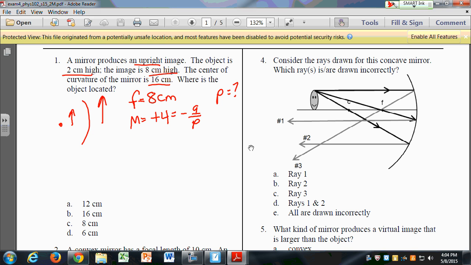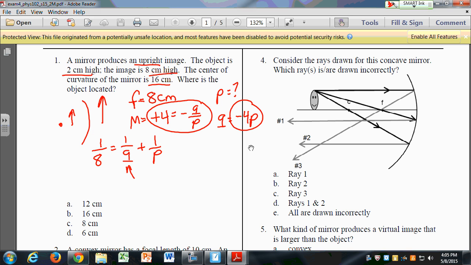So now you have to do a system of equations. I say 1 over f, that's 1 over 8, equals 1 over q plus 1 over p. I'm looking for p, so I want to get rid of this q. I'll do that through this: q is equal to negative 4p. And I take this and plug it in there. So I get 1 over 8 equals 1 over negative 4p plus 1 over p.